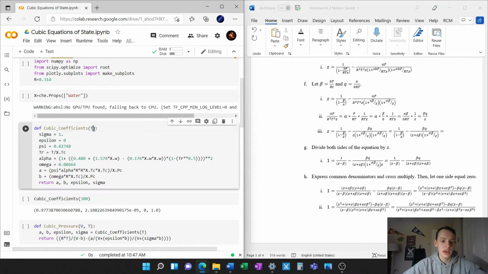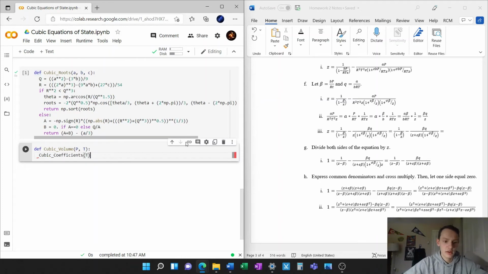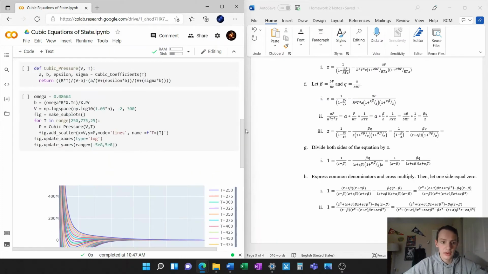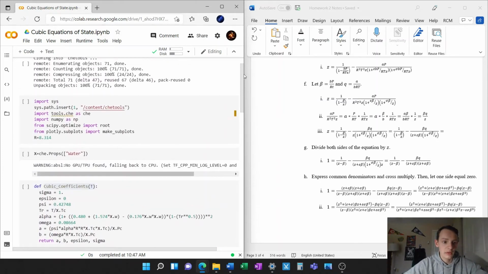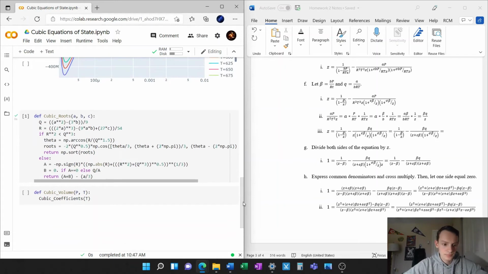And we're going to need those again to find the specific volume values. So I'm going to actually put that in our function here, and we're just going to unpack that into our coefficients: A, B, epsilon, sigma. Awesome.